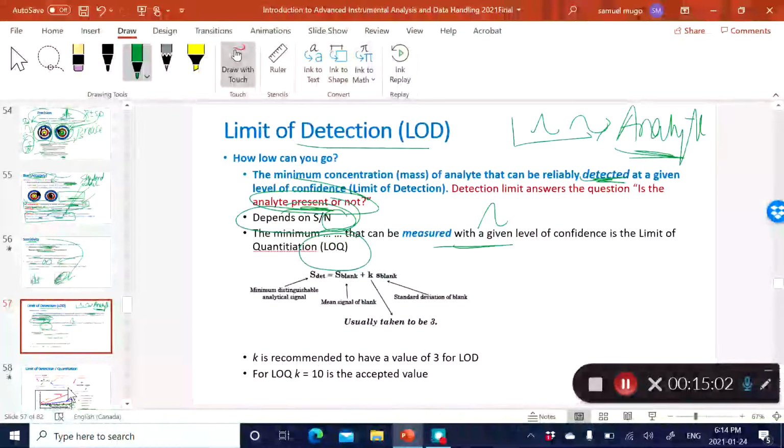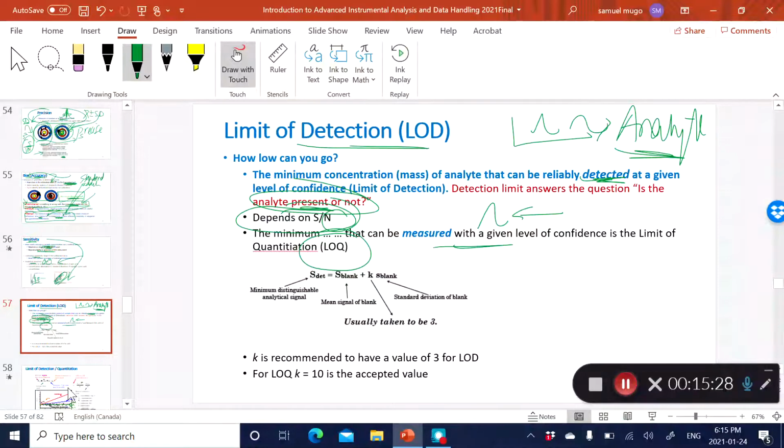So it's the minimum concentration obtainable by a certain method within a certain confidence limit, meaning it's fairly reproducible. I can be fairly confident about the presence of that analyte using the determined concentration, meaning the data is fairly accurate. So take note of that difference.